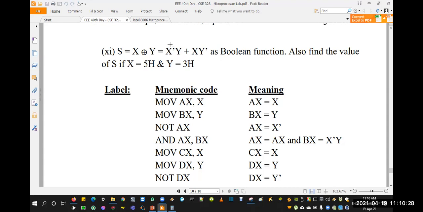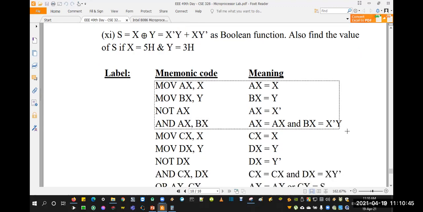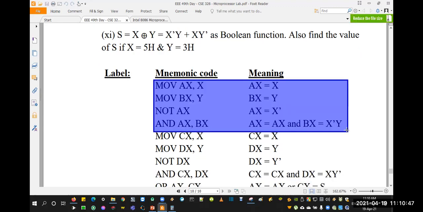And there is another way of understanding this: the not symbol is given in this equation. So at first we did this x bar y by these 4 lines. These 4 lines were copied from the previous 7th or 5th example, and what we have seen here is that the result is stored in x.